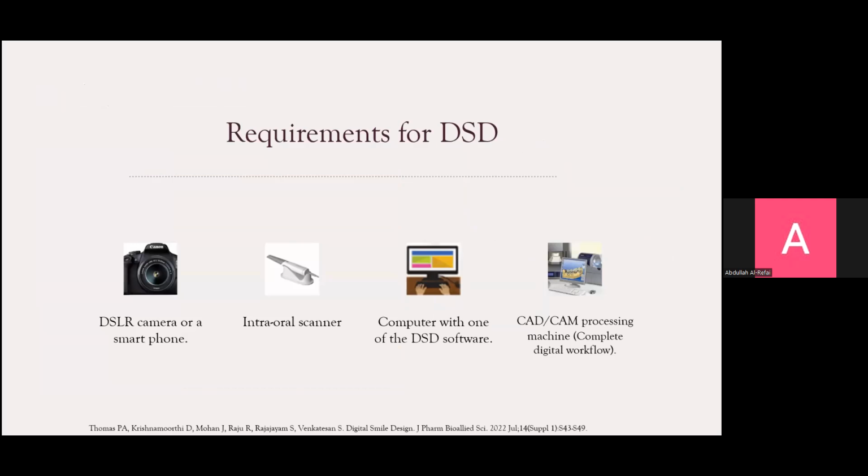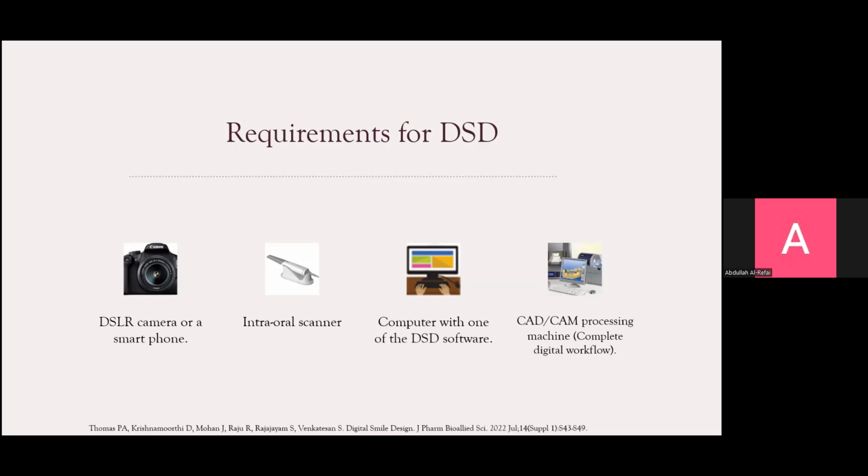What are the requirements for digital smile design? We need a digital single lens reflex camera or even a smartphone camera to capture the needed photographs, an intraoral scanner to produce a 3D model of the patient's arch, and a computer with one of the digital smile design software in order to commence a digital smile design.